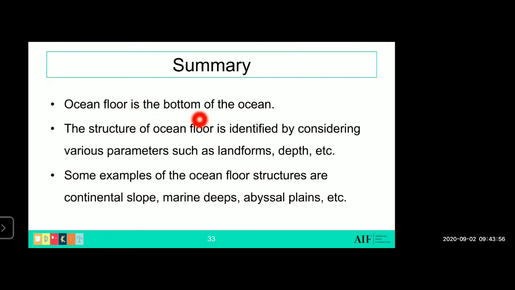The surface of the ocean floor is identified by considering various parameters such as landforms, depth, etc. Some examples of ocean floor structures are the continental slope, marine deeps, abyssal plains. We also saw the continental shelf, marine trenches, etc.